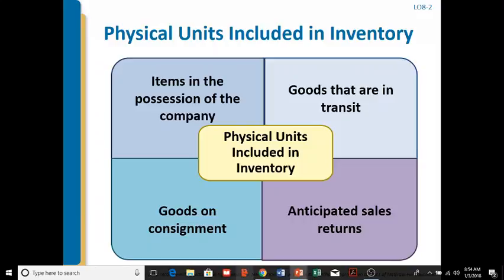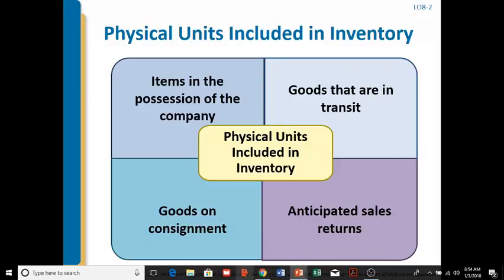What about goods on consignment? Well, goods on consignment are titled to the consignor, the person who transfers the items to what they call the consignee. The consignee is charged with selling the items, and what they do is receive a commission once a sale is made.